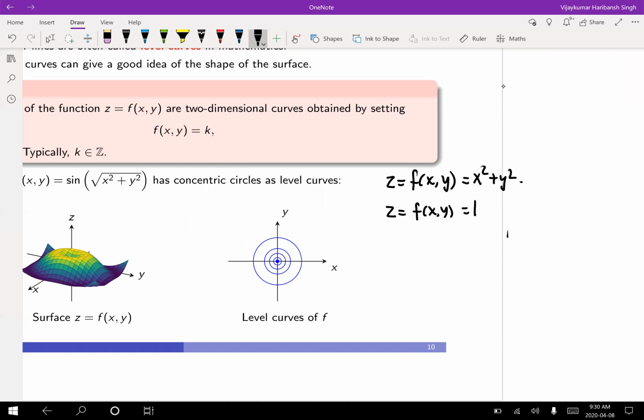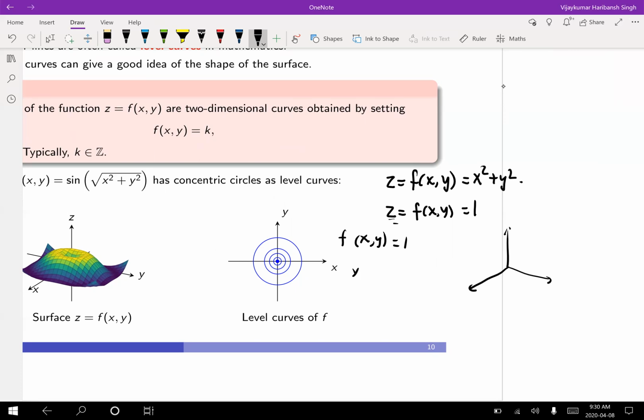So if I draw this, there are two ways, right? Generally you take x and y and then find f of xy. But in this case, you're taking f of xy equals 1, or z equals 1, and finding for what values of x and y you get 1.